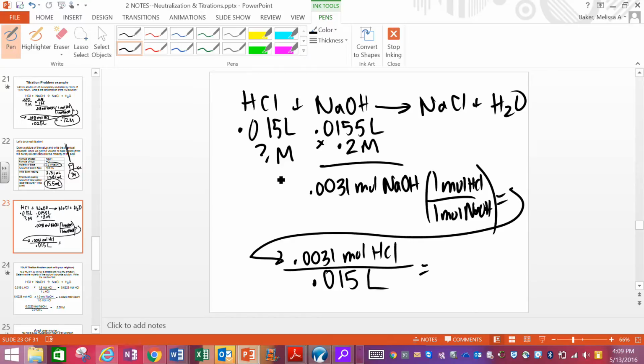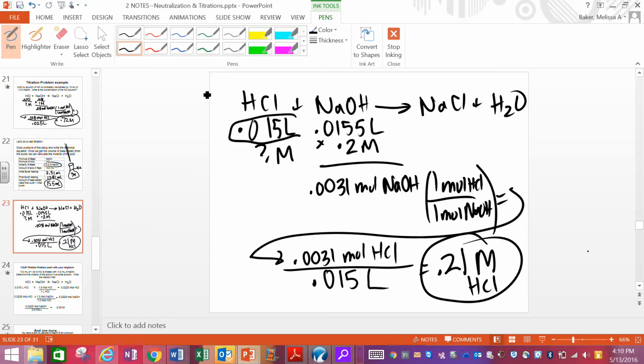So divide by 0.015 liters. This comes out to be 0.21 molar hydrochloric acid. I didn't really think about this, but they're almost identical because you added almost equal amounts, 0.015 and 0.0155. So it makes sense that the hydrochloric acid has pretty much the same concentration as the base.